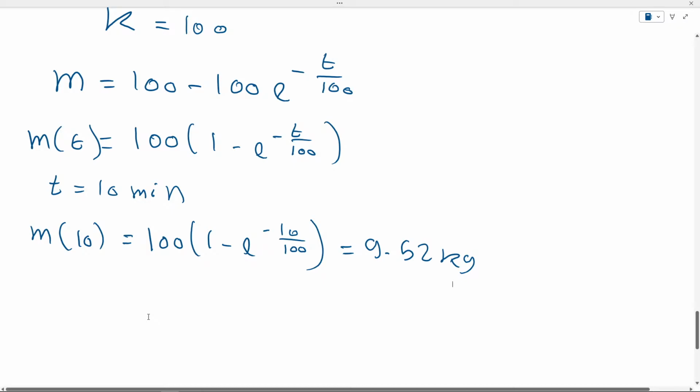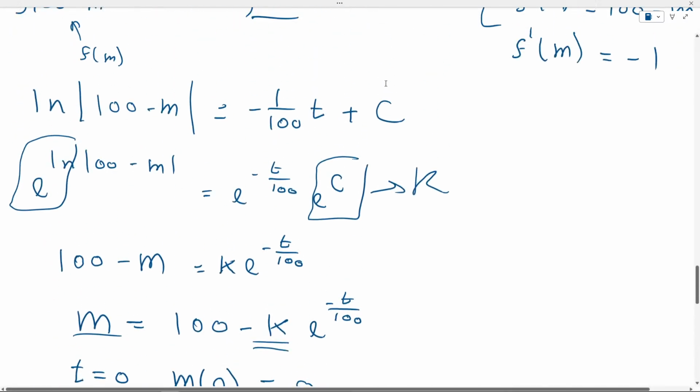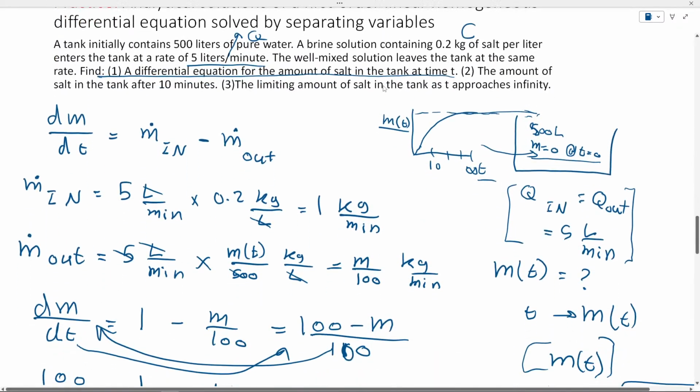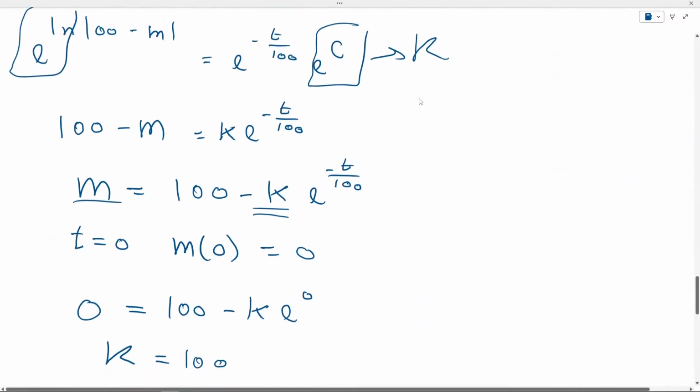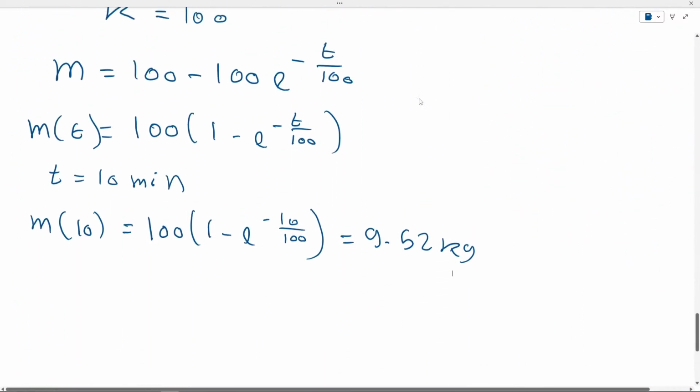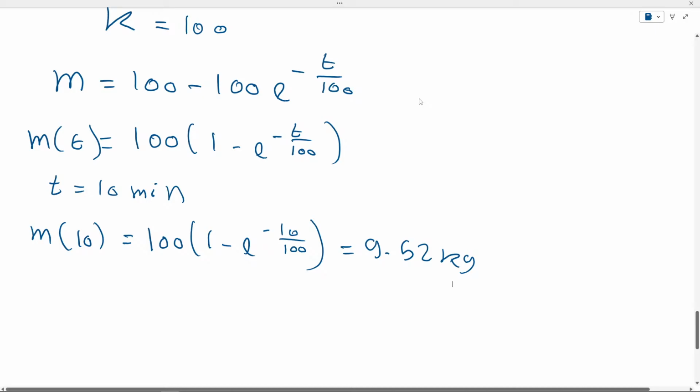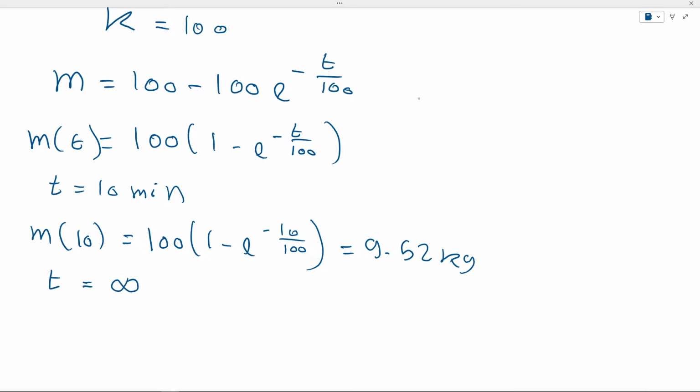Now the last part of this problem is telling you the limiting amount of salt in the tank as t approaches infinity. So what would be the limiting amount as t approaches infinity? So t is equal to infinity.